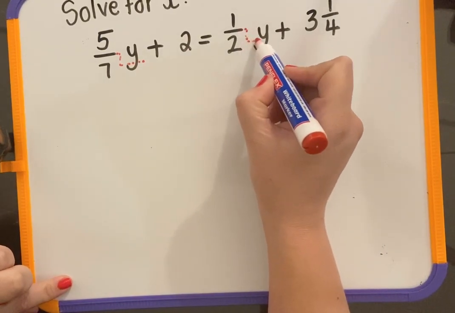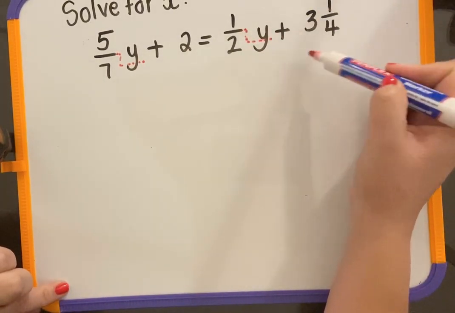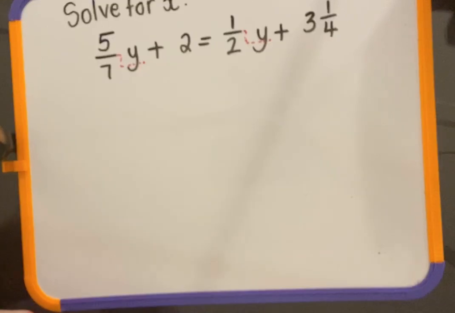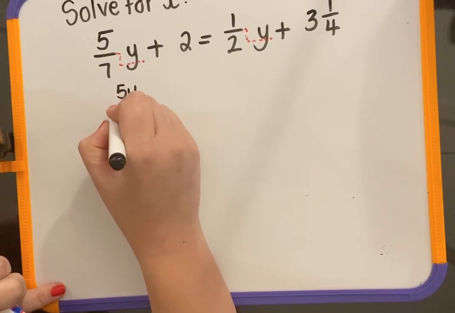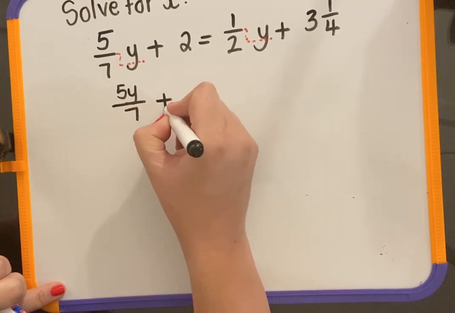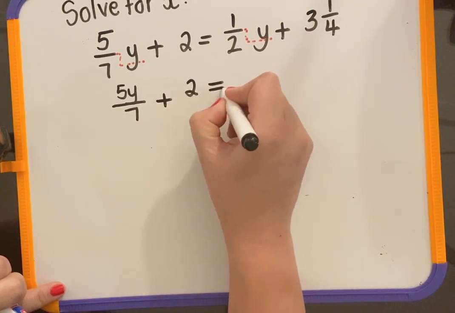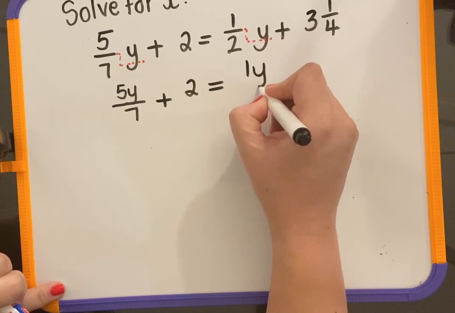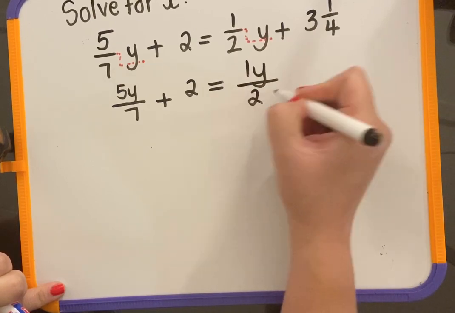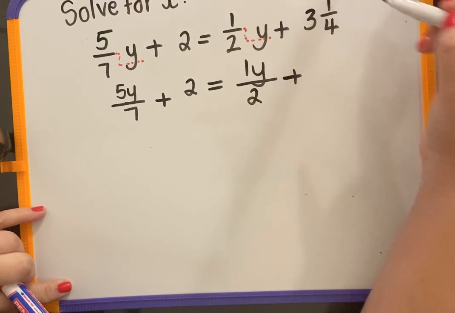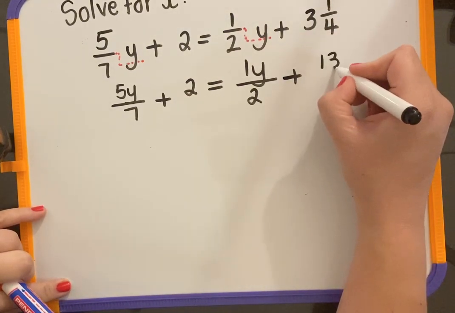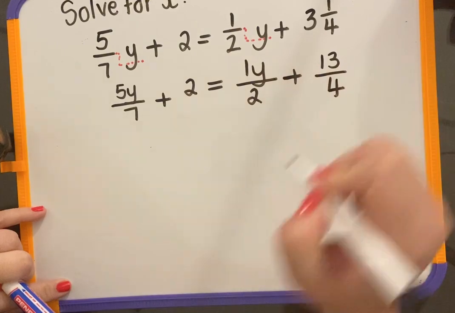And again over here, that y is part of the numerator. There's a mixed number, so let's simplify it. So we will have 5y over 7 plus 2 equals 1y. You don't need to write the 1. 4 times 3 is 12, plus 1 is 13 over 4.